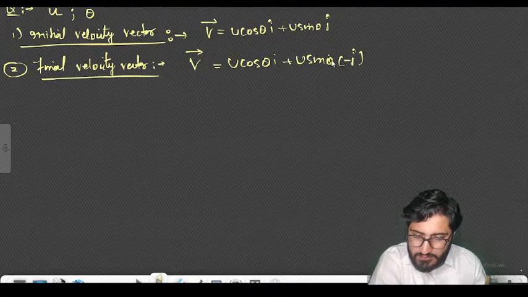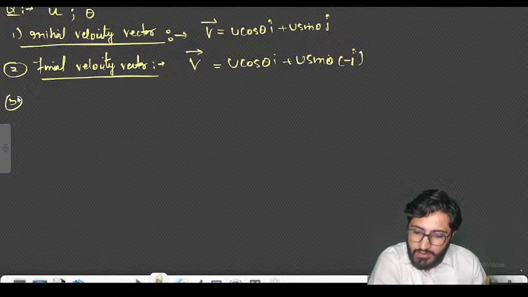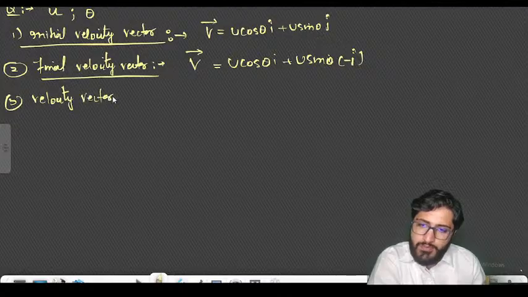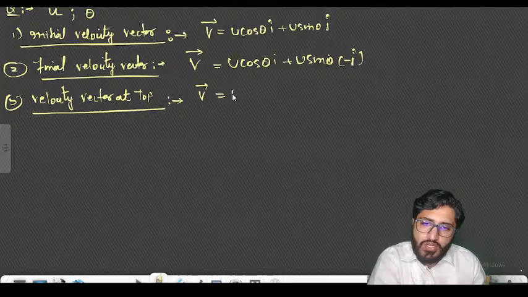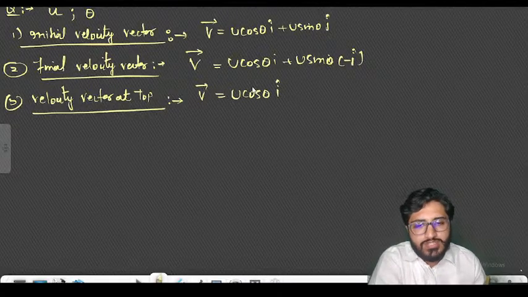Done. Third one, velocity vector at top. I told you that at the topmost point only one velocity is present, that means u cos theta only. U cos theta i cap. No u sin theta.